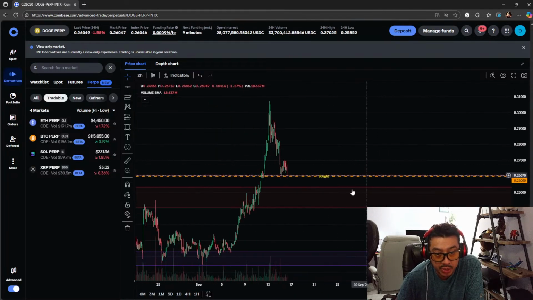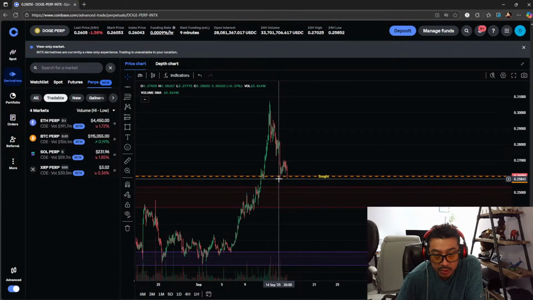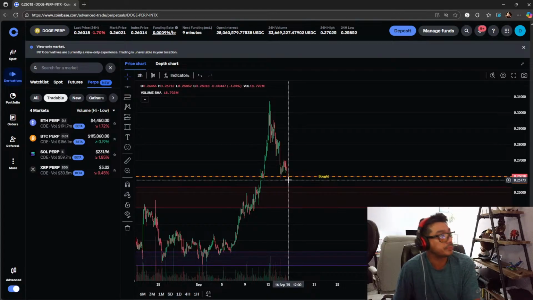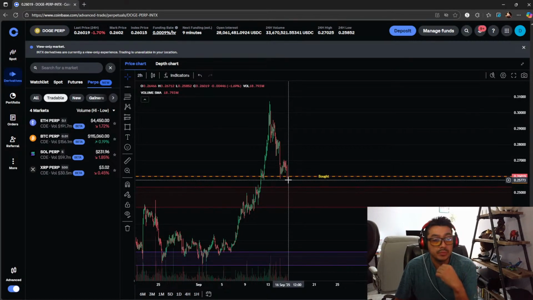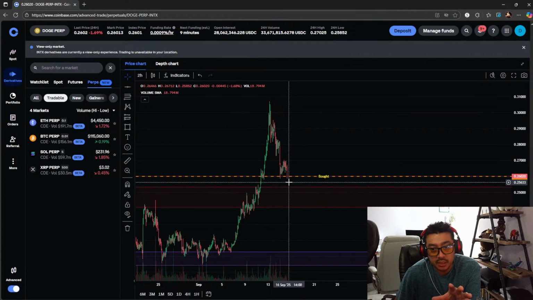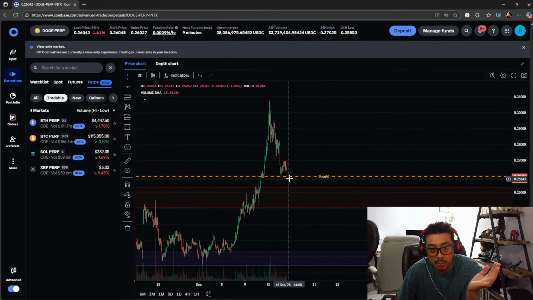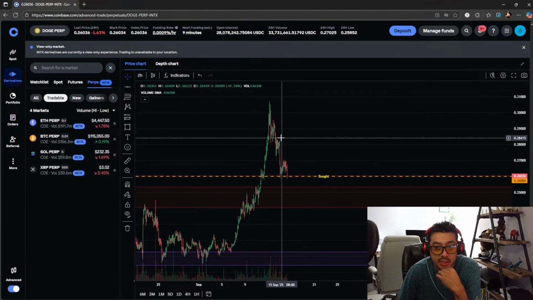But here's the cool thing. You see this double? It hit once, it came back up. I said if it drops again, I'll buy it at 26. But if it doesn't, obviously I wasn't going to buy it. But now that we did buy it, check this out.